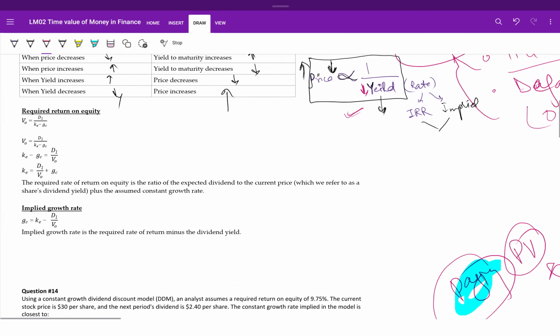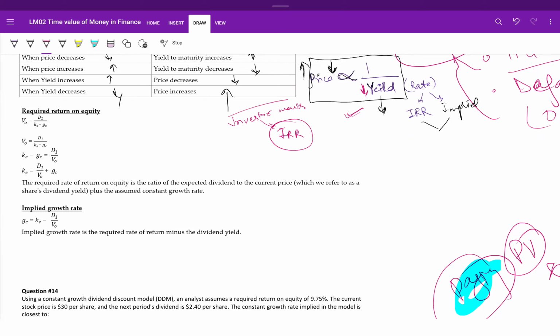So in our previous example, if we were to talk about equity share value, previously we assumed the investor's required rate of return, RR, IRR. This is what the investor wants.